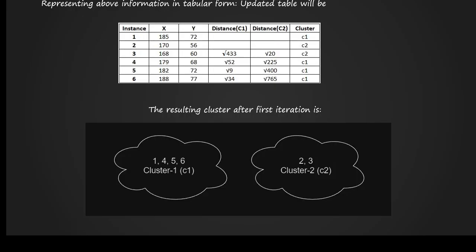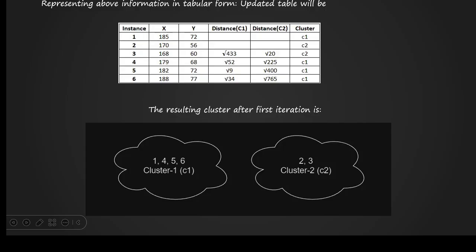After that we will update our matrix. In the matrix we can see that we have distance to C1 and C2. For C1 itself the distance will be 0, because it is a cluster centroid, and we are calculating the distance between this point and C1 and C2.